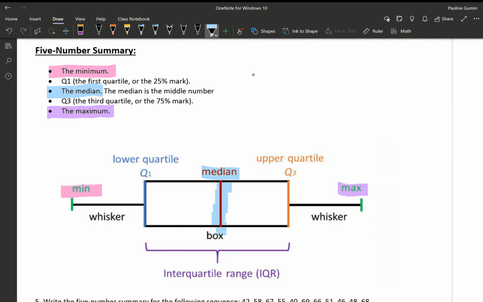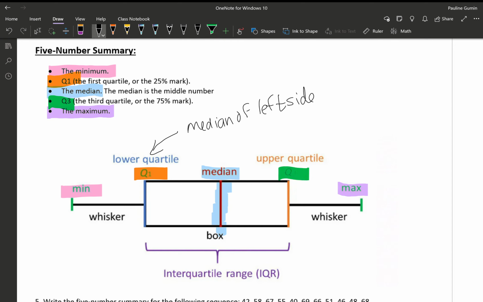We also have Q1. This is our lower quartile. This is actually the median of the left side, or this 50% of the data on the left. We also have Q3.